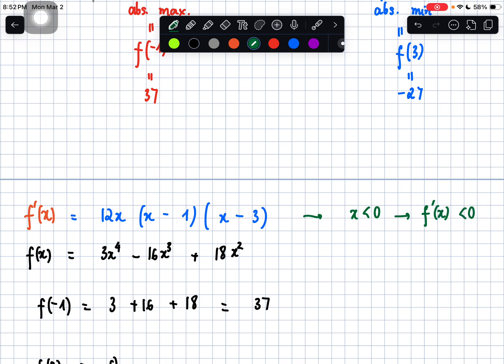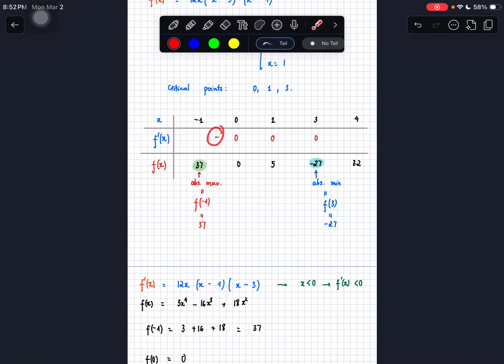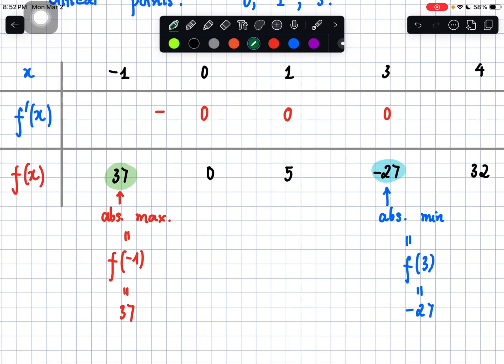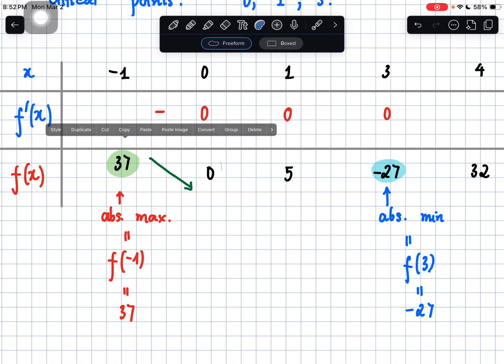So I put the negative sign here. And f prime negative means the derivative is negative, the function is decreasing. It actually decreases from 37 to 0.